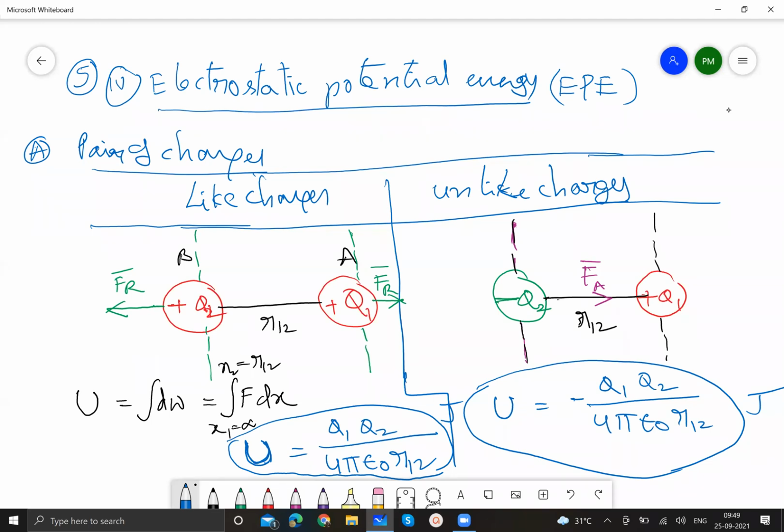Yeah, the work done or the energy spent in keeping the configuration of charges stable against the electrostatic force will be stored in it as the electrostatic potential energy.